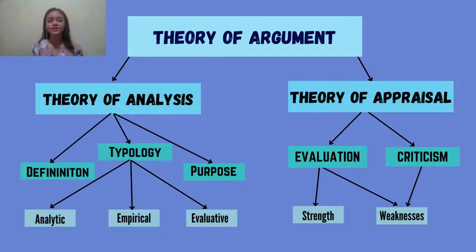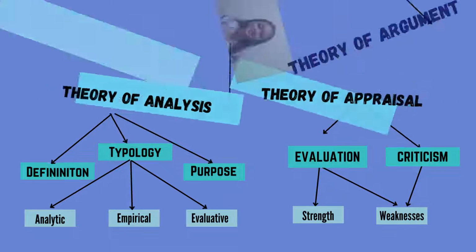The task of theory of analysis is to give an answer to the definition, purpose, and typology of argument, while theory of appraisal has the task of establishing the criteria for evaluation and criticism of argument that would determine its strengths and weaknesses. Now, since we have been talking about the argument, let us define it.